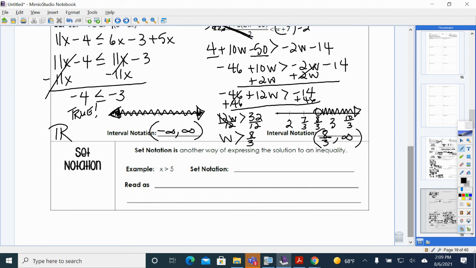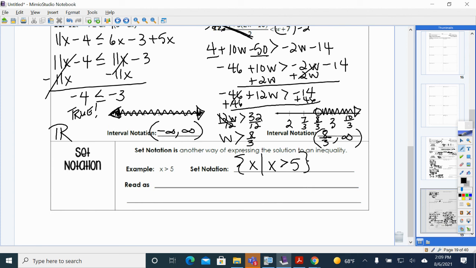Set notation, I'm not too worried about set notation. I can talk about it really quick. Set notation is another way of expressing the solution to an inequality. Example, x is greater than 5 in set notation. It's a very formal way of writing it.